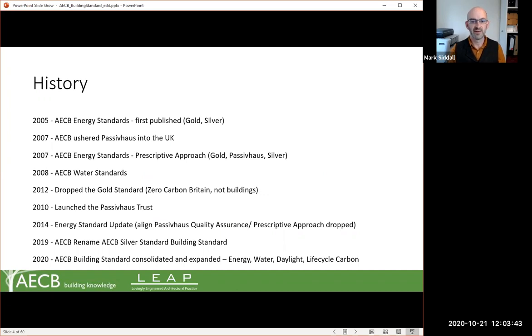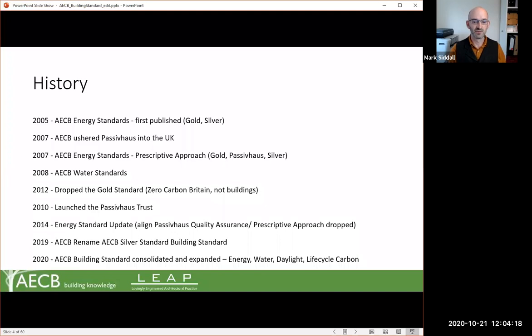Then in 2007, the AECB ushered Passivhaus into the UK and incorporated Passivhaus as one of the stepping stones in the building standards methodology. 2008, Nick Grant, Alan Clark, and Dr. Judith Thornton developed the AECB water standards. Then, with growing awareness of the problems that arise with trying to design zero carbon buildings, the gold standard was dropped.